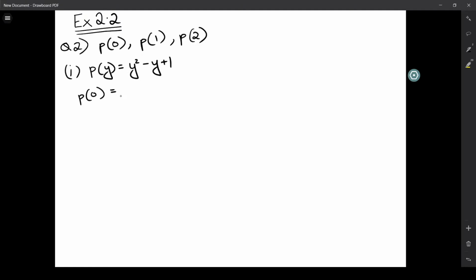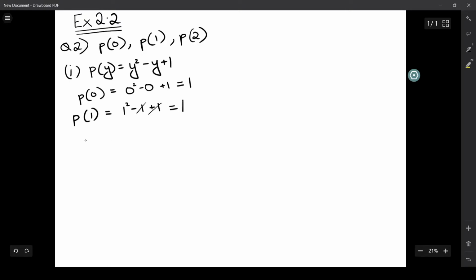So for p of 0, we will replace y with 0 and we get 0 square minus 0 plus 1, which is equal to 1. Similarly, for p of 1, we will replace y with 1 and we will get 1 square minus 1 plus 1, which is equal to 1 again.